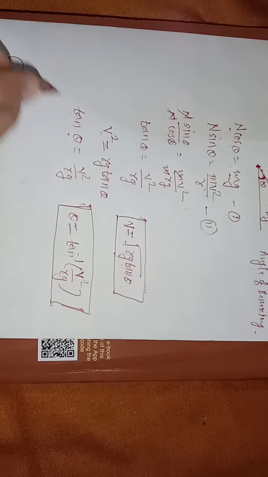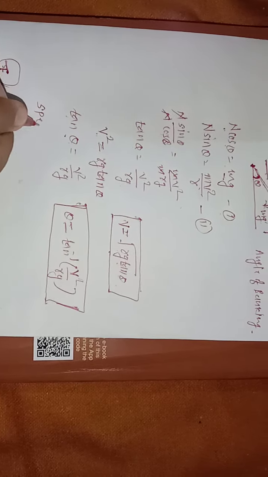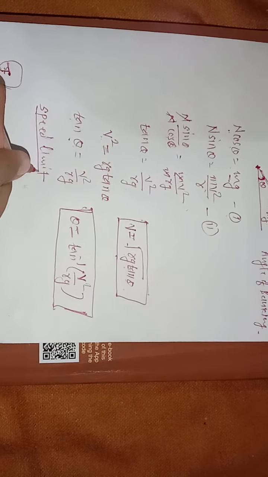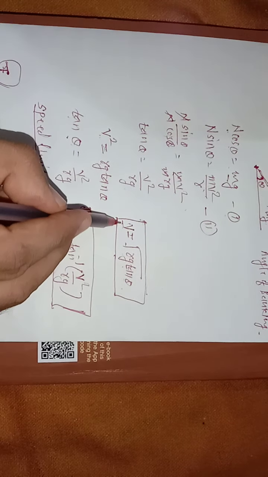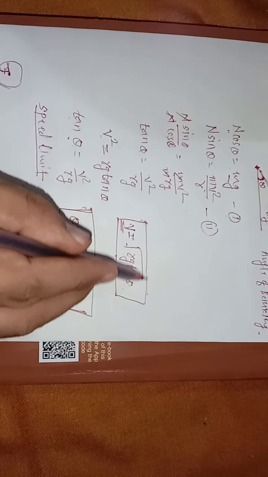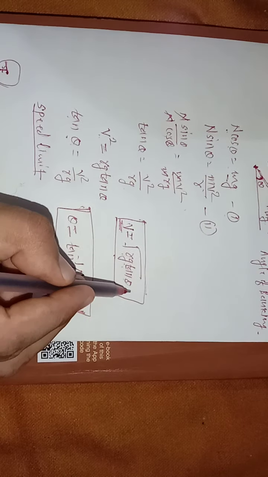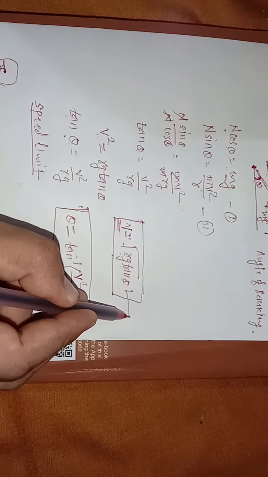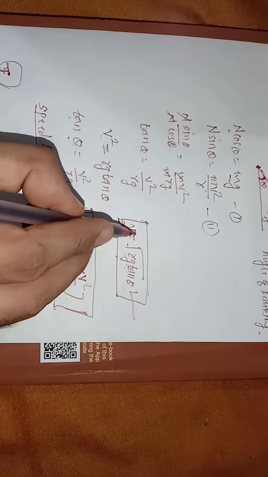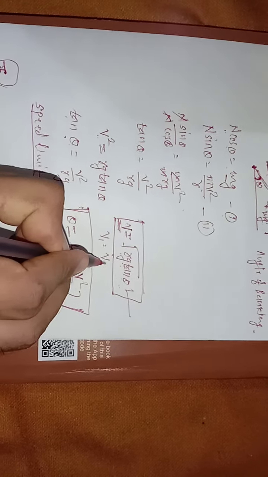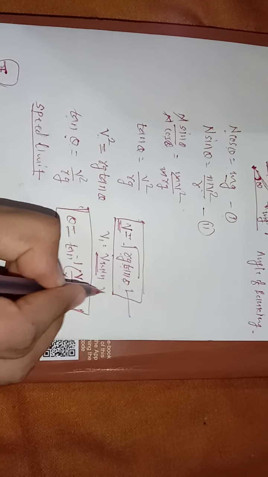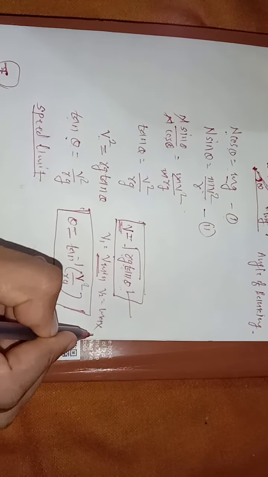So the third point is the speed limit. Already we discussed that the most safe speed of the vehicle is given by the formula v is equal to under root rg tan theta. But now we are finding v1, the minimum safe speed, and v2, the maximum safe speed.